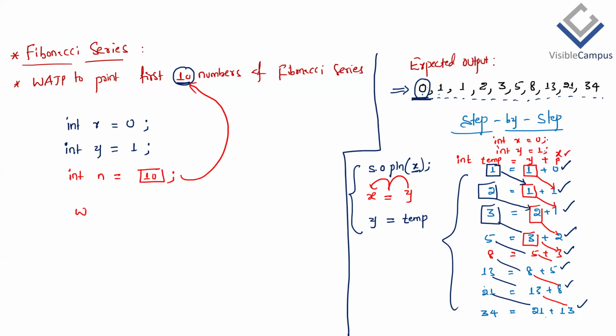Then followed by while, which is a keyword. What's the condition? As long as n less than 10.